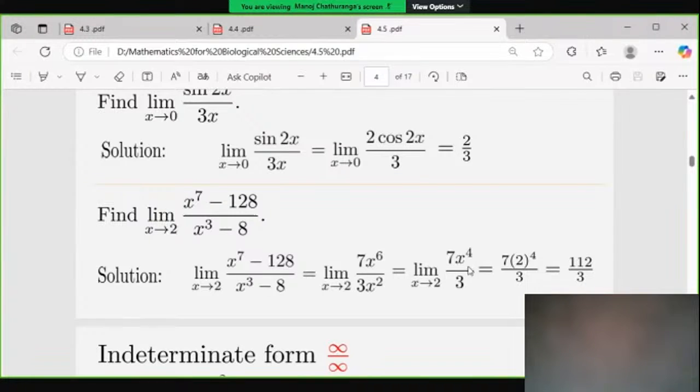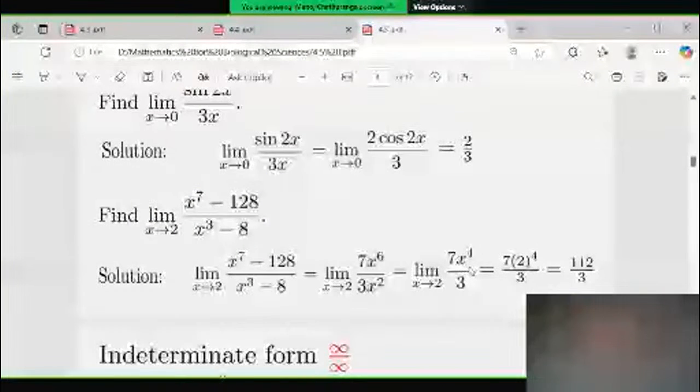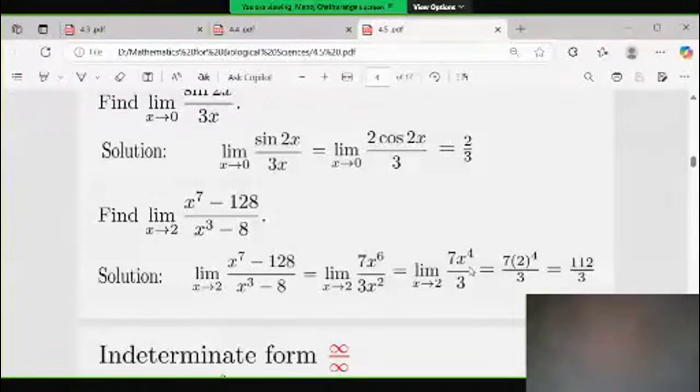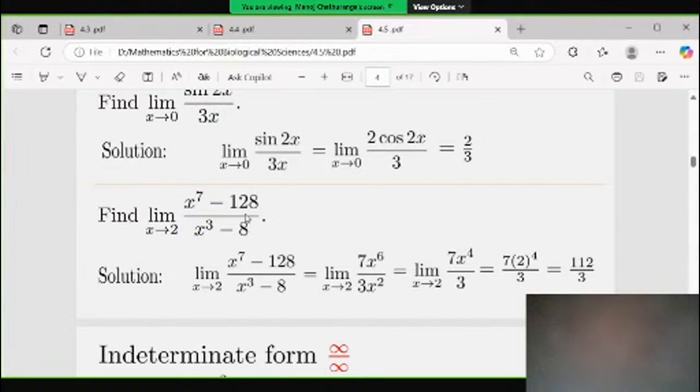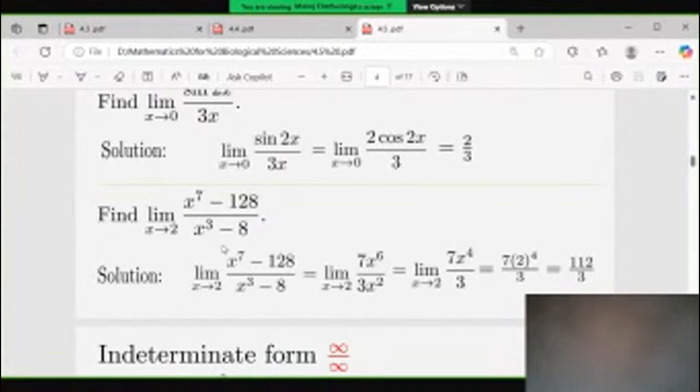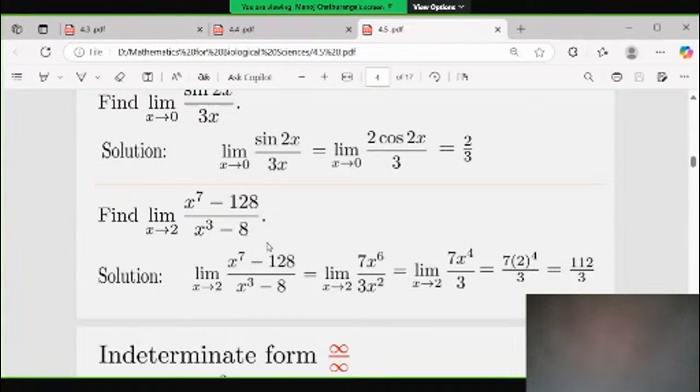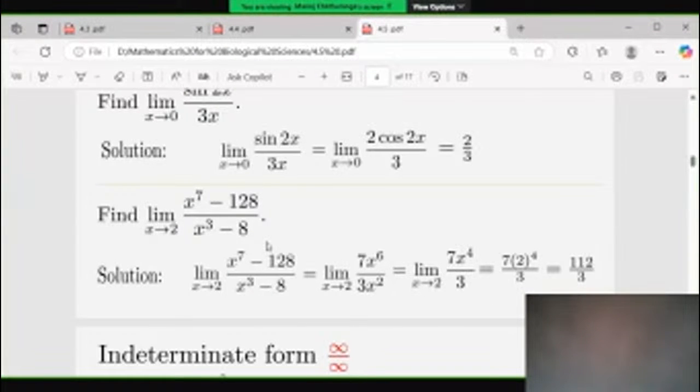So that is L'Hopital's way of computing limits. If you imagine this limit with our earlier knowledge on limits, we would want to factor numerator and denominator and compute limits. But factoring something with x to the third power and seventh power is not impossible, but it is inconvenient.